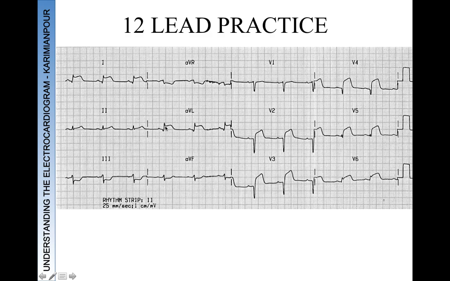Also aVL and lead 1 are elevated, which confirms that there is lateral wall involvement for sure. Then look at lead 3 and aVF. There's a slight depression here, and this is essentially reciprocal change, as we said before. It's not that there's an ischemia in the inferior wall, but these are reciprocal changes to the anterolateral ST elevation MI.